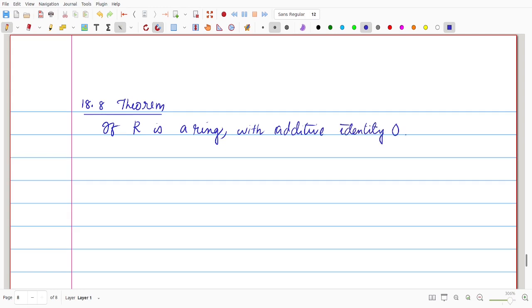Theorem 18.8. This theorem states some properties of the additive identity in a ring. So we start with a ring R, and the additive identity is denoted by 0.